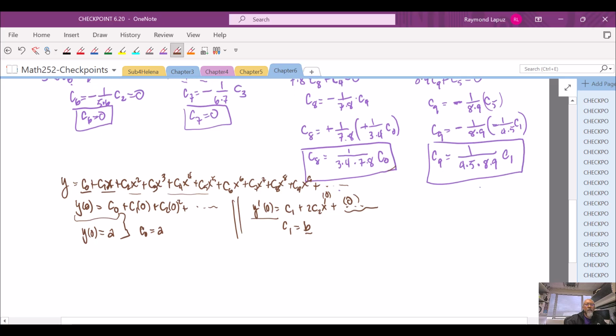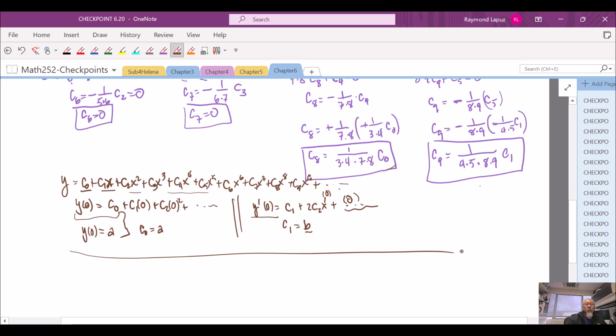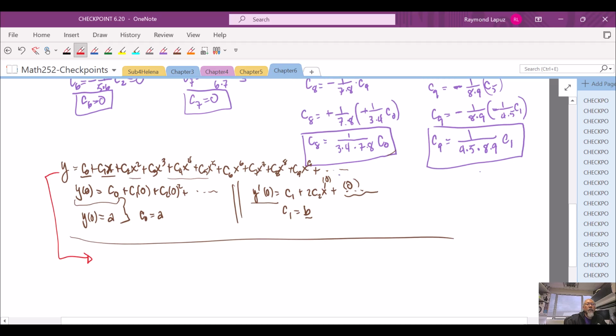Okay. So now that we've solved for those values, we can put it into our equation. So thinking back about our equation here. Y is going to equal a, c sub 0, plus c sub 1 x. Now we got 0 for c sub 2, right? So maybe we'll write 0 here.